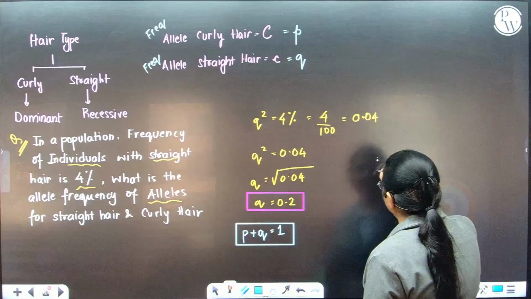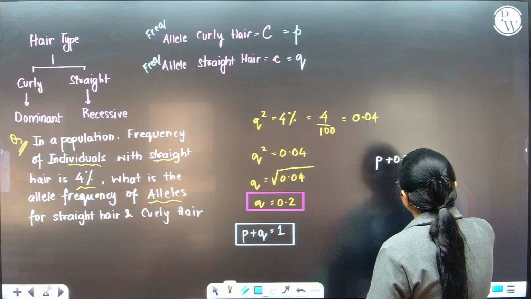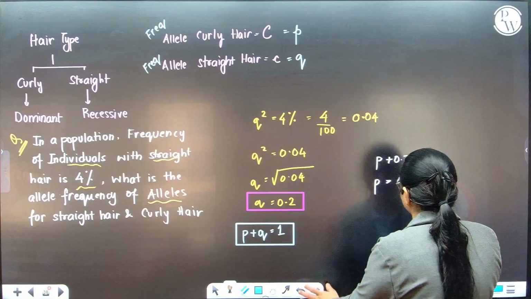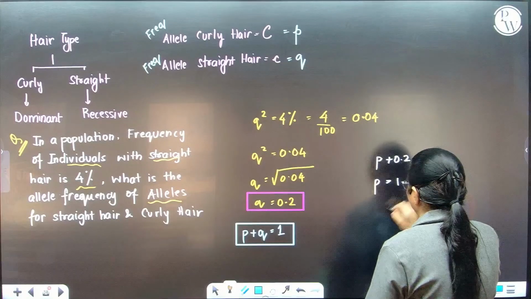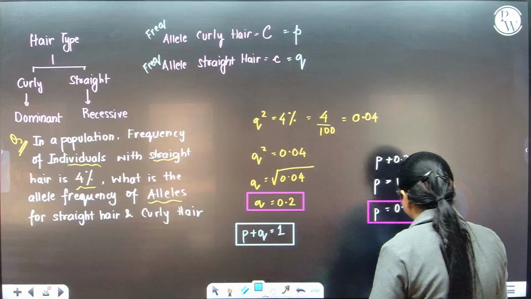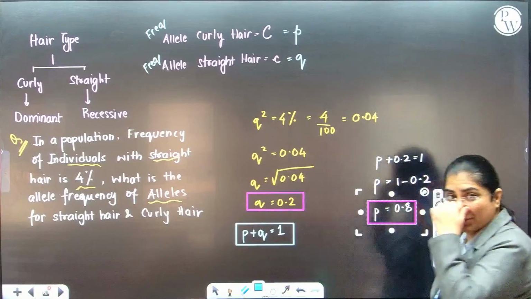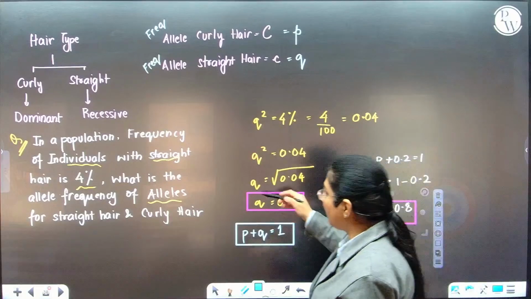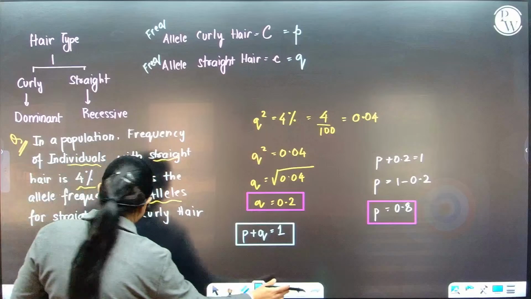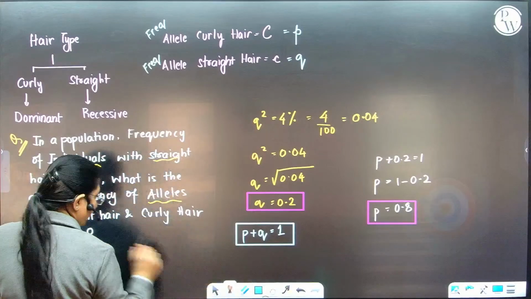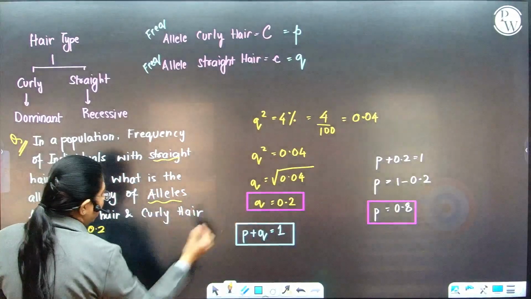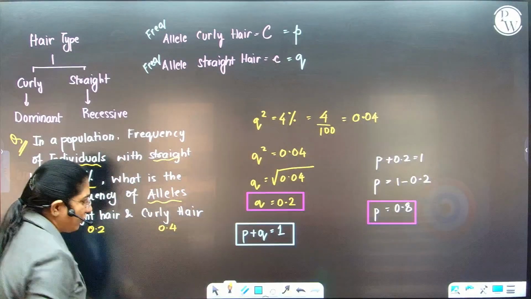So we will have p plus 0.2 is 1, and our p will be 0.8. 1 minus 0.2, so our p will be 0.8. As simple as that, a simple mathematical question, isn't it? So the allele frequency for straight hair, q, is 0.2, and the allele frequency for curly hair is 0.8.